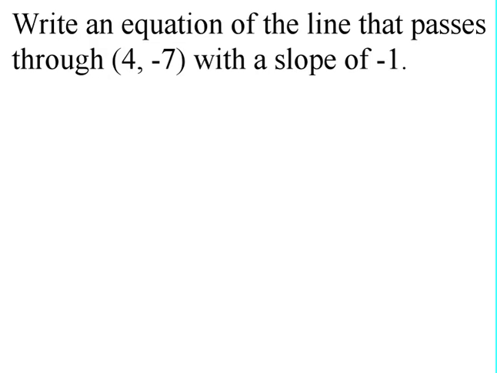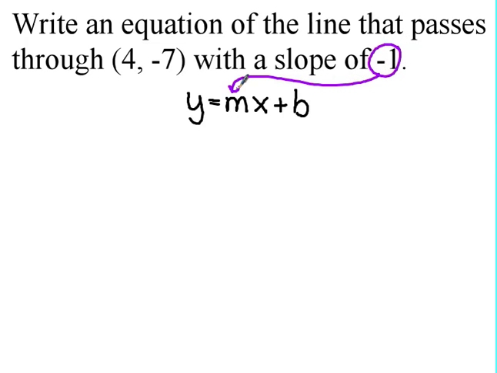Okay, so instead of writing everything down, if you remember, I start with what equation? Yep. y equals mx plus b. Very good. And now, what is the very first thing I'm going to do? Yep. Where am I going to put the -1? In for m. Nice job. So I get y equals -1x plus b.